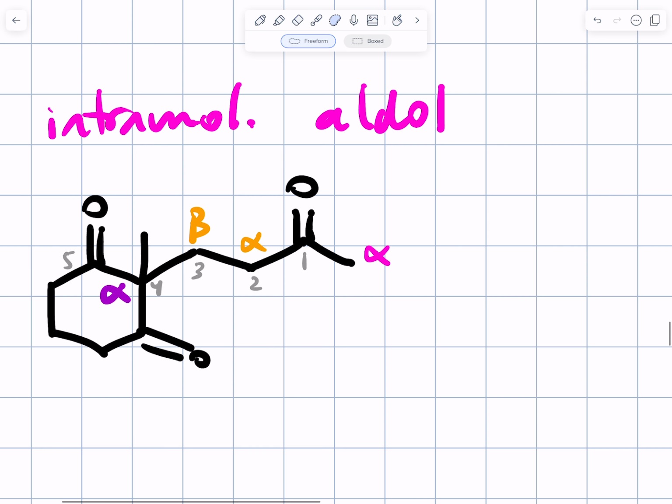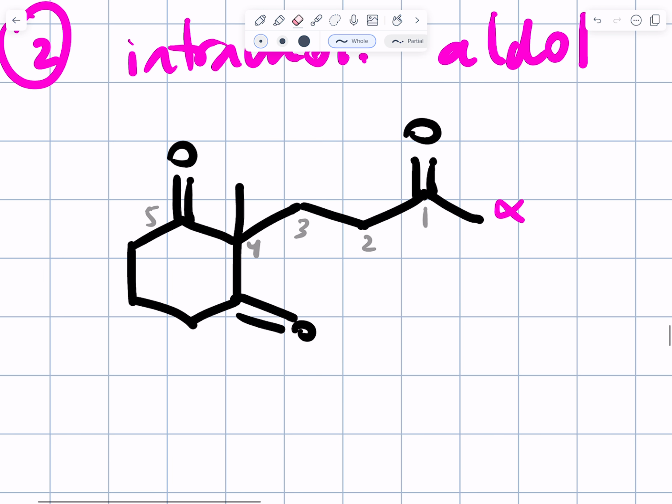You saw that in an intramolecular aldol, where we have more than one alpha proton, we have to worry about which alpha proton gets removed and which carbonyl gets attacked. So I'm going to highlight 3 different kinds of alpha protons we have in this molecule. You have the pink alpha proton, you have the orange alpha proton, and then way over here you've got the green alpha proton.